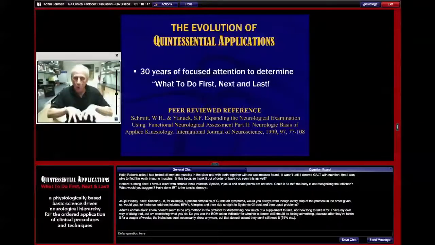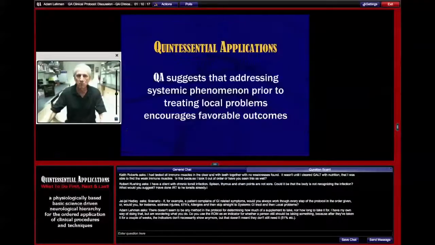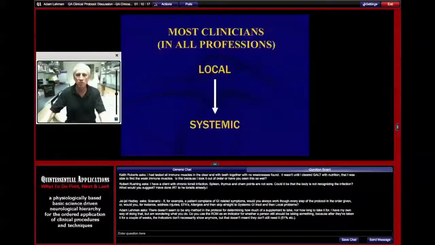This whole curriculum and this whole orientation, philosophically and physiologically, is based on a peer-reviewed referenced article by Dr. Schmidt and Dr. Yannick published in 1999, Expanding the Neurological Examination Using Functional Neurologic Assessment, Part 2, the Neurologic Basis of Applied Kinesiology.